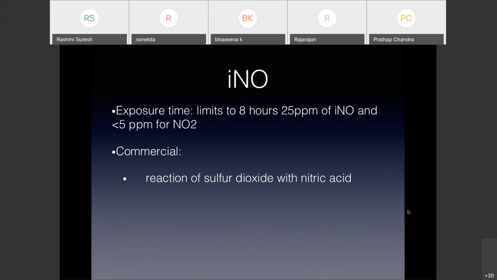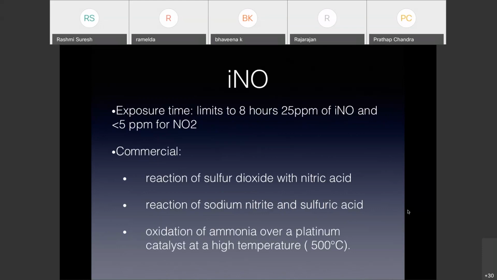It's manufactured by reaction of sulfur dioxide and nitric oxide, and reaction of sodium nitrite and sulfuric acid can also create nitric oxide, as well as ammonia over a platinum catalyst at a very high temperature. These are various ways commercially nitric oxide gas is prepared.